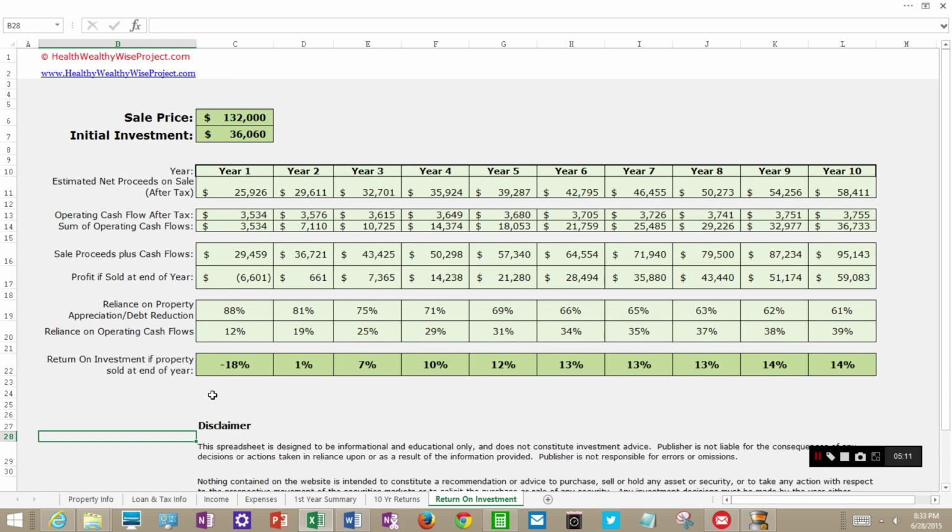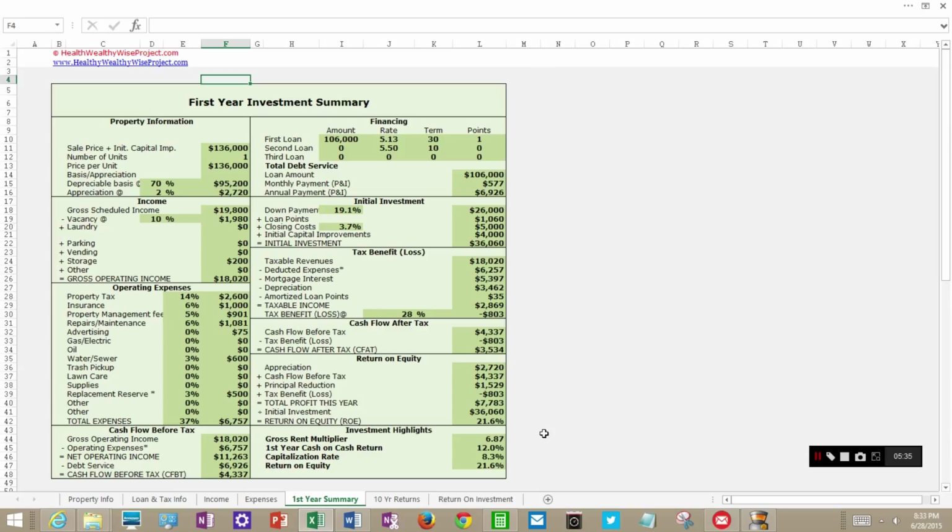And the last sheet included is one I've created that is basically a discounted cash flow model for rental real estate. The reason I included this is because all of the general returns and cap rates that are used in the industry all have weaknesses. The cap rate doesn't account for your initial investment.